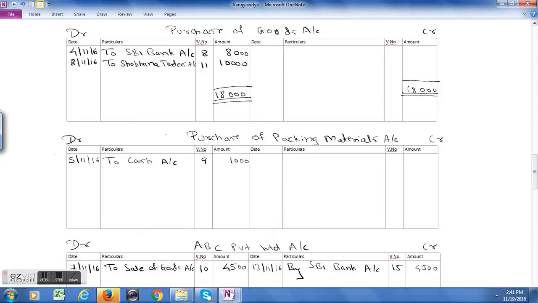And then on the credit side, we'll write by balance carried forward 18,000, and same will come on the debit side as brought forward balance, to balance brought forward 18,000.